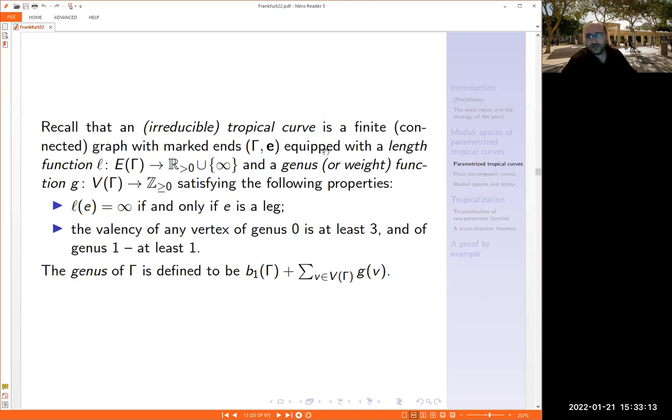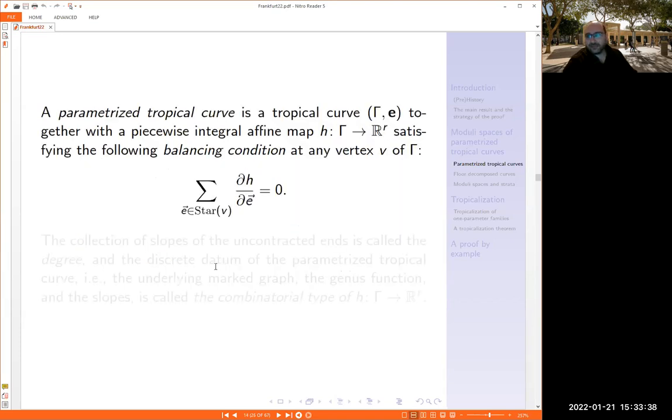Now the genus of a tropical curve Γ is defined to be the first Betti number of the graph, the number of loops in the graph, plus the sum of the genus function over the vertices. So some genus can hide in the vertices and some genus in the graph of the tropical curve. Okay, so this is the notion of an abstract tropical curve, and the parameterized tropical curve is the following.